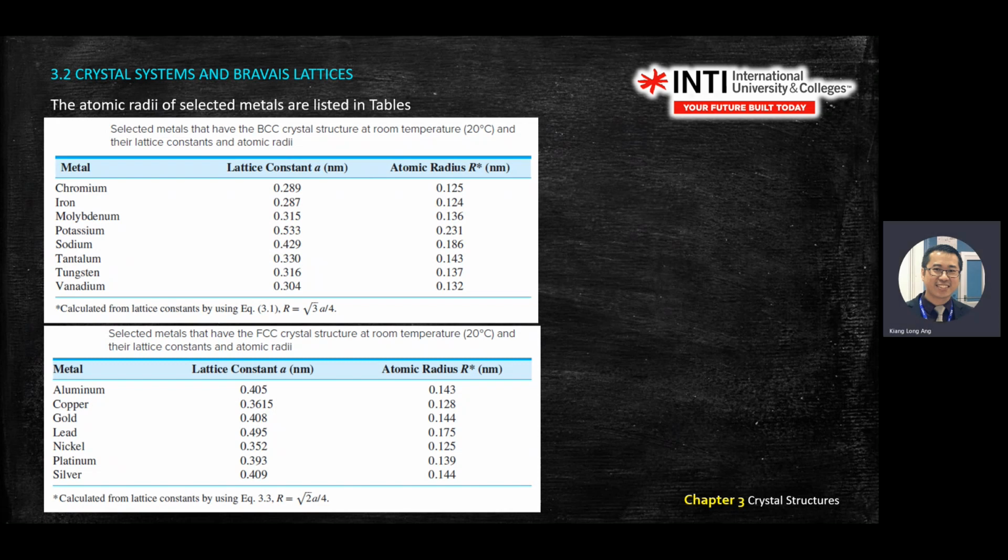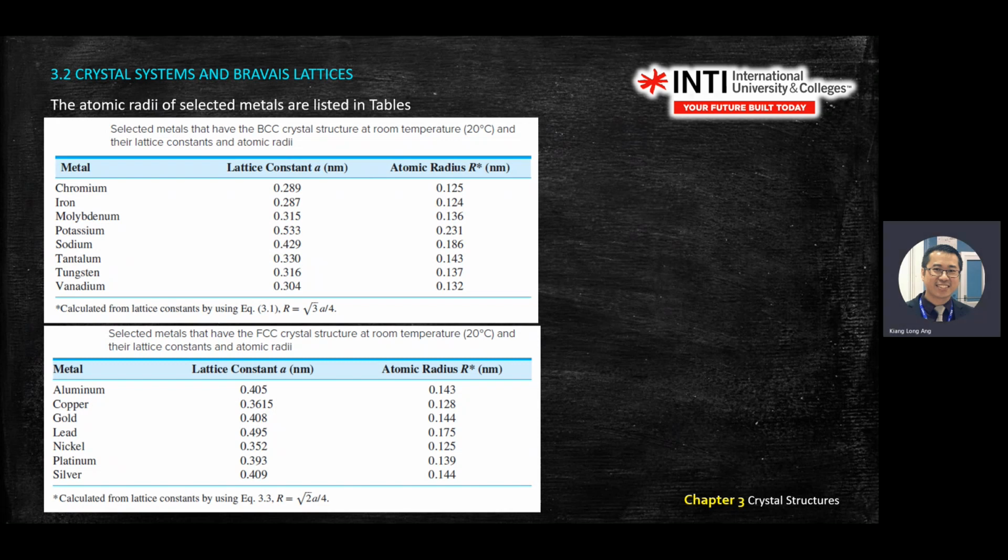Okay, so there's a table. What is important for this slide is that there is a table for you to refer to for the A value and R value. This one is the R value. Then sometimes this table comes in, either you use the value to analyze, or you find the A value and go to this table, then identify what the material is.